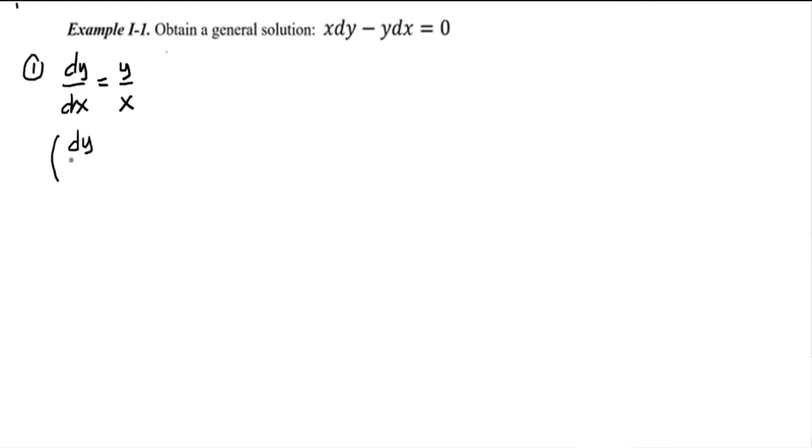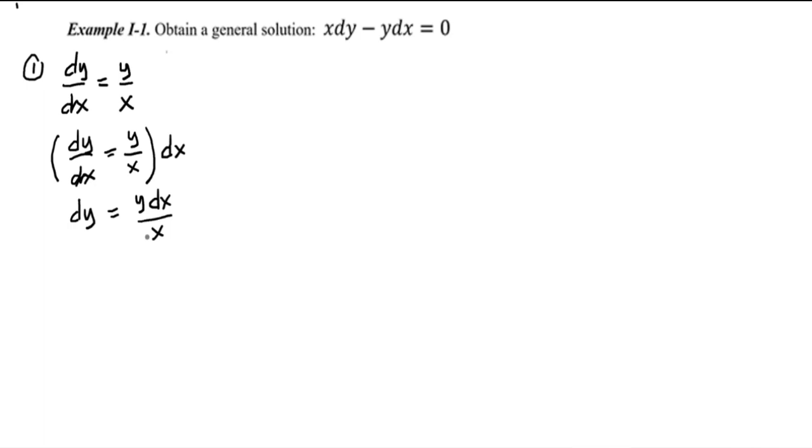So we have dy over dx is equal to y over x, then multiply this equation by dx. Doing this, the dx is cancelled here, so you have dy is equal to y dx over x. So both dy and dx are now in the numerator.